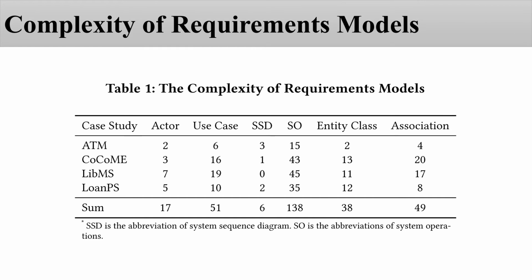The complexity of those requirements models is shown in Table 1, which totally contains 17 actors, 51 use cases, 6 system sequence diagrams, 138 system operations, 38 entity classes, and 49 associations of entity classes.